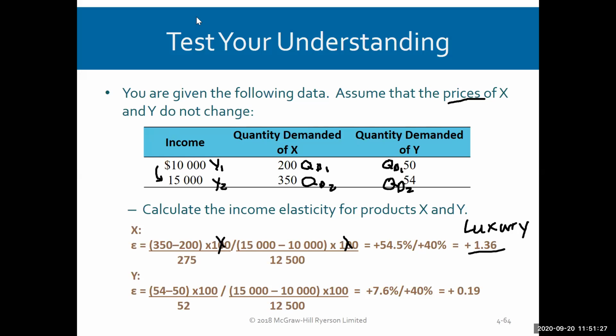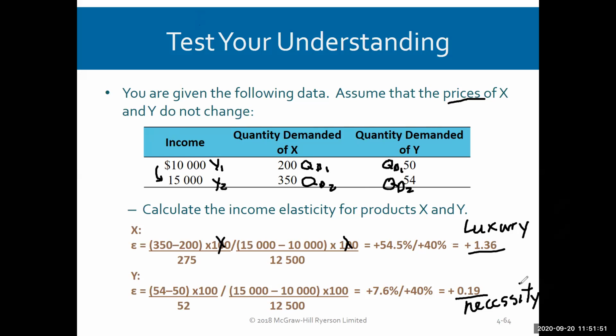So the first thing you say is whether it's an inferior good or normal good. Since it's positive, because we did this correctly, we put row 2 and row 1 correctly, then we know it's a normal good. But it's less than 1, so this is a necessity. It's not a luxury good, it's a necessity.